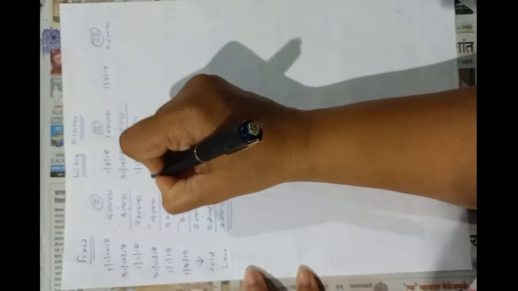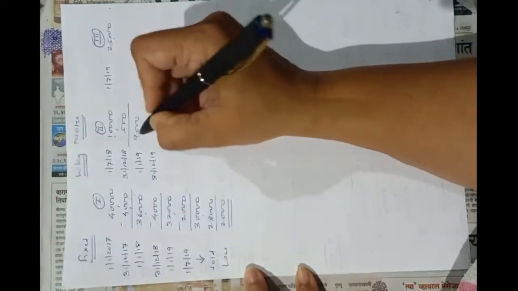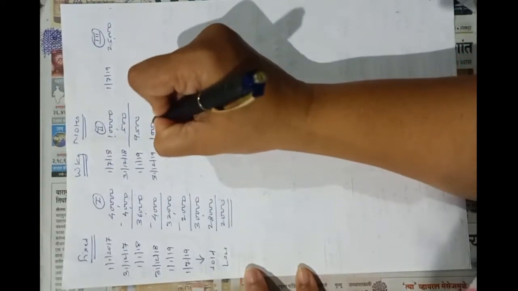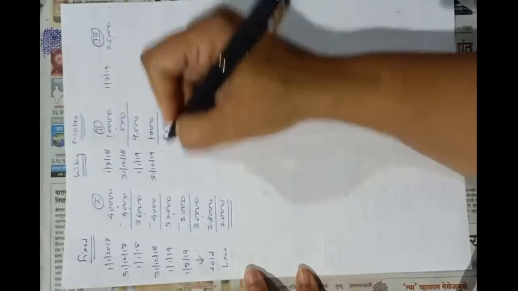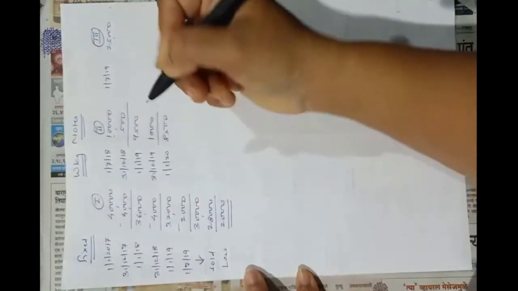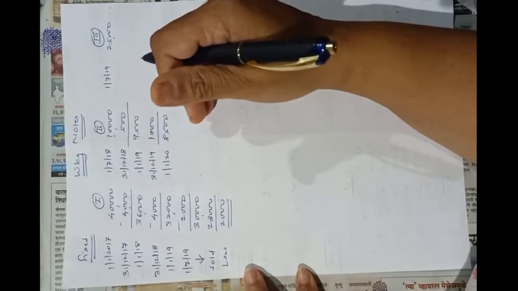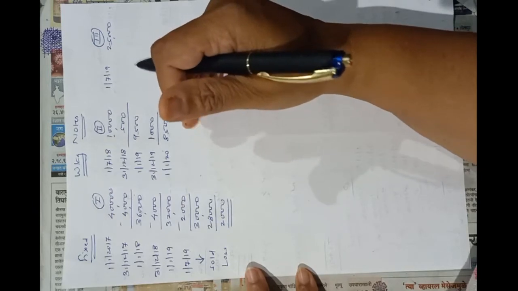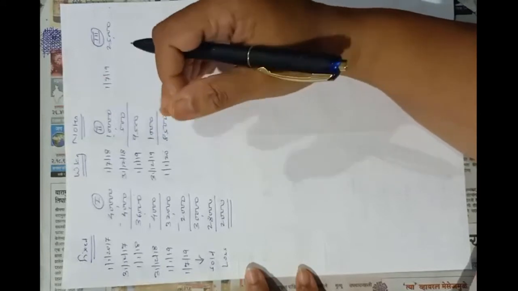Then on 31st December 19, 10% of original cost, that is rupees 1,000, so 8,500. This is on 1st January 20. We will not deduct next year's depreciation because they have changed the method of depreciation in the year 2020. So we will calculate depreciation up to the previous year.